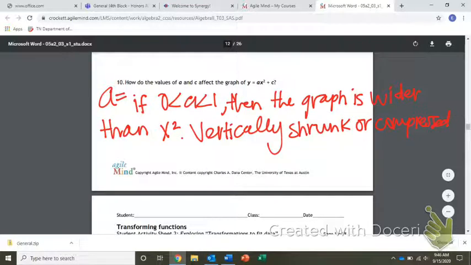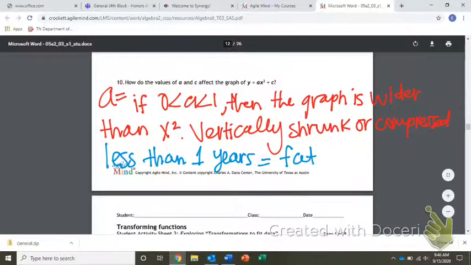This is how I want you to remember, and I'm going to write in blue for this one. If you are less than 1 year old, okay, so from the time you were born until you hit 1, you are a fat baby, okay?